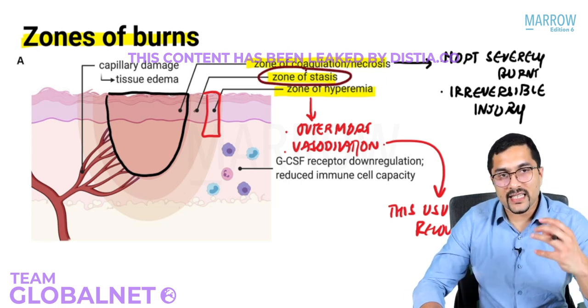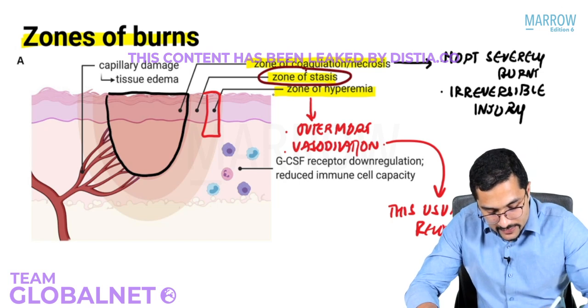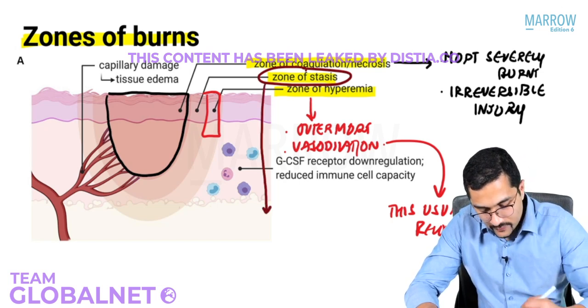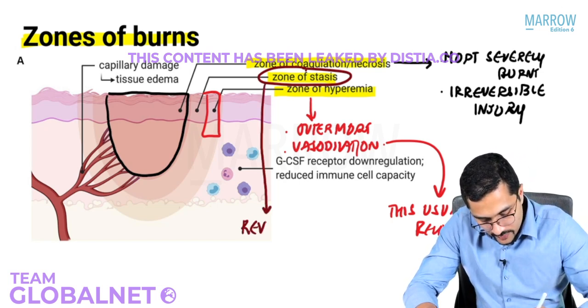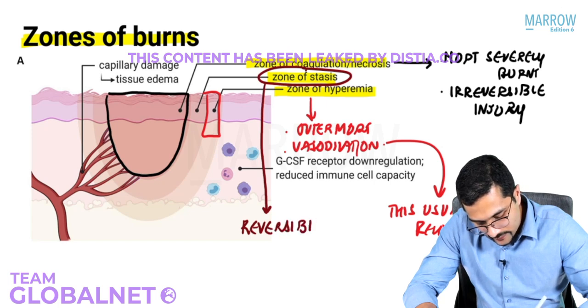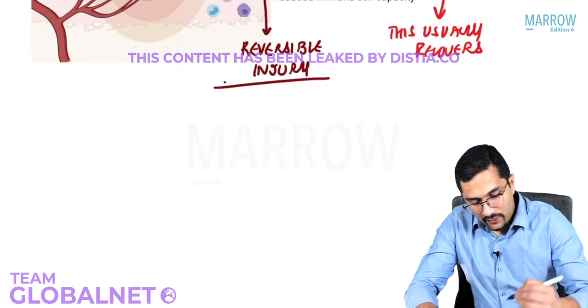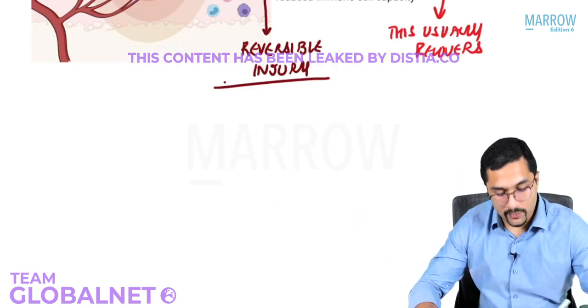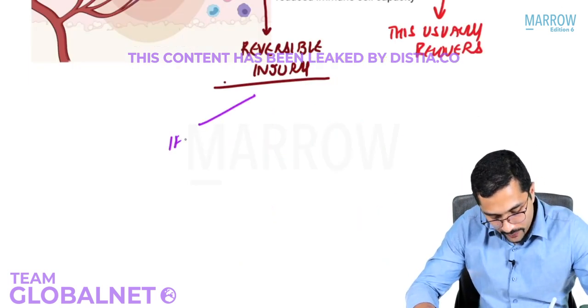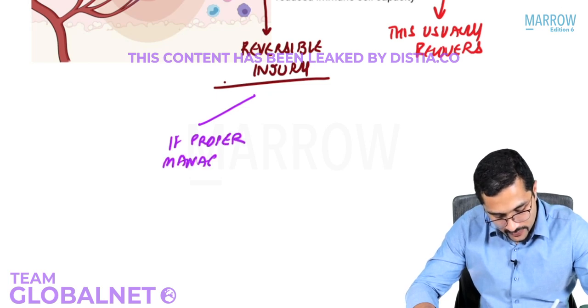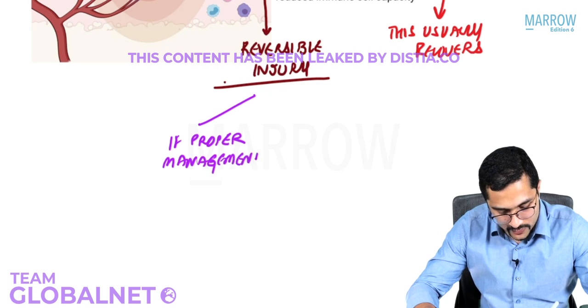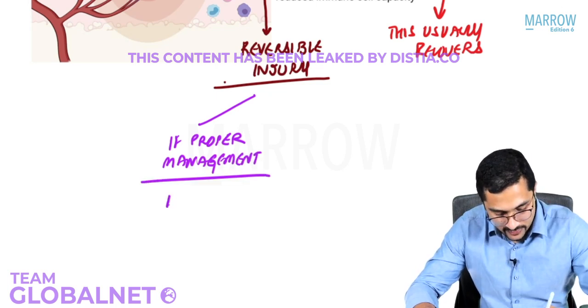The zone of stasis is in between, and this zone of stasis has reversible injury, right? So the advantage of the zone of stasis, which has reversible injury, is that if proper management is done, and proper care of the wound is taken, then it recovers.